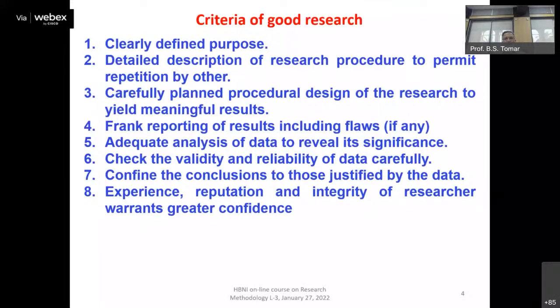This could be because of the improper planning of the research problem. So this is what we have to learn as a part of this research methodology. If you take these steps carefully, you will save a lot of time and effort.